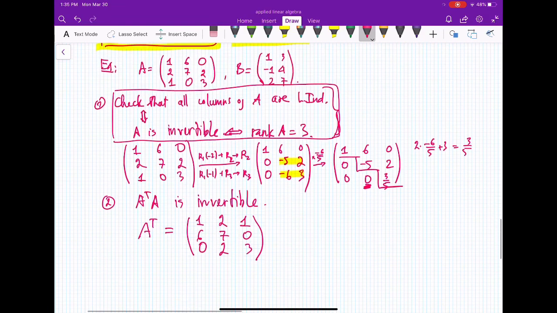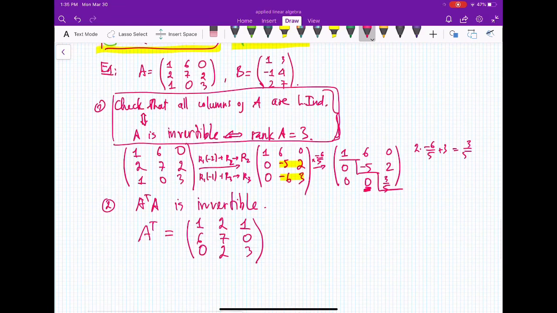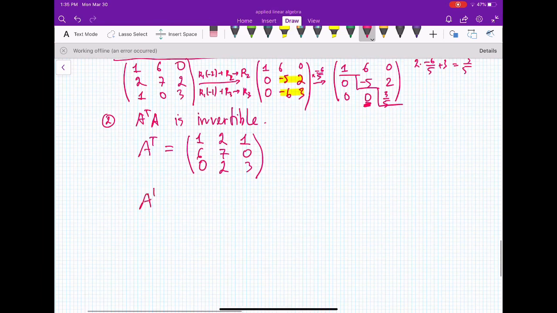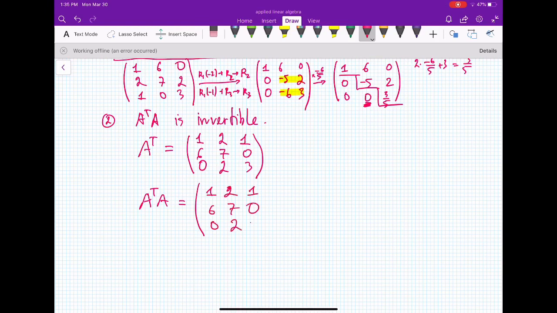I just write rows in column form and columns in row form. And then I multiply ATA. I get 121, 670, 023 times 160, 272 and 103. That is A.